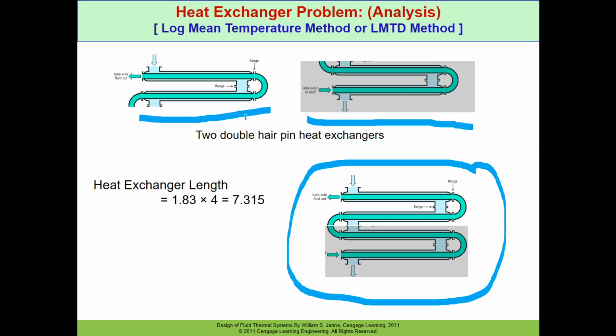And the length from this point to this point is given as 1.84. So the total length of the heat exchanger where the fluid is traveling from here to here and all the way here, the length is multiplied by 4. So 1.83 multiplied by 4 becomes 7.315 meter total length of the heat exchanger.